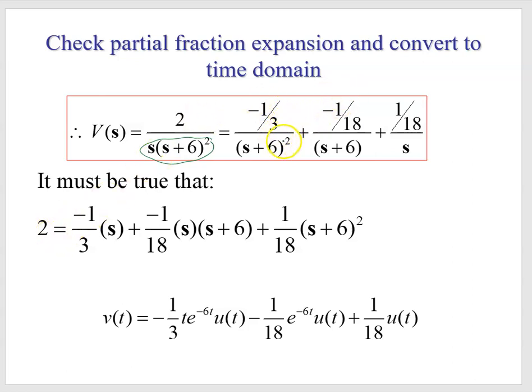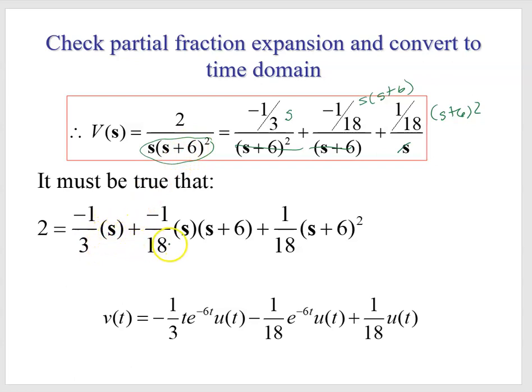So when we do that, the (s plus 6) squared just ends up with an s. Here we're going to end up with s times (s plus 6), and that's going to cancel. And here we're going to end up with our (s plus 6) squared, right? So that must all equal 2. So we're just multiplying out this denominator to prove that that's true.